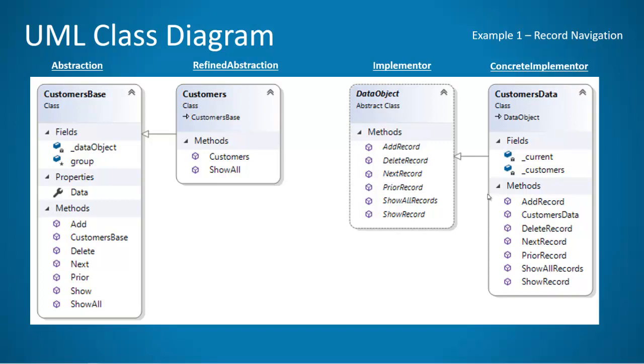Let's first have a quick reference of example number 2. By the way, before we proceed with the application demonstration itself, if you notice from here, we're talking about only customers.